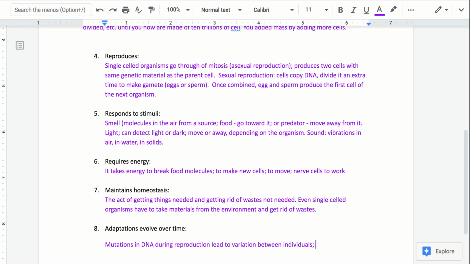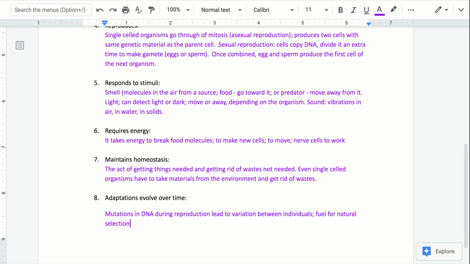And that is kind of the fuel for natural selection and evolution. So what we're thinking is that all of these traits the living organism shows have developed through evolution over time. That's how they've come about.